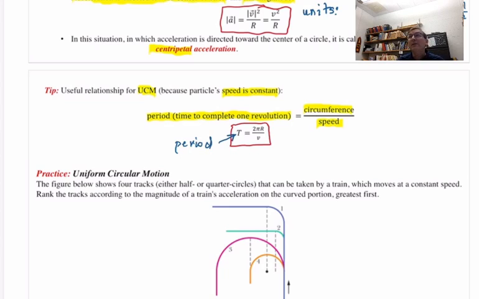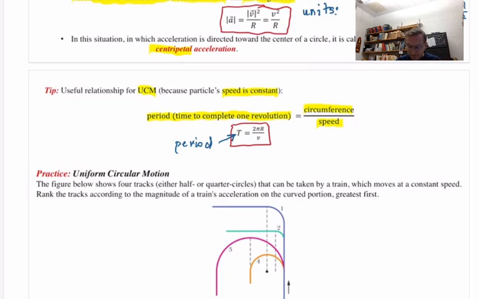It's just the amount of time to go around once. Capital T, the period, is the circumference divided by the speed. The circumference of a circle is 2 times pi times its radius. And I'll use the symbol italic V for speed, not V arrow, that'd be velocity. Okay? So capital T equals 2 pi r over V.